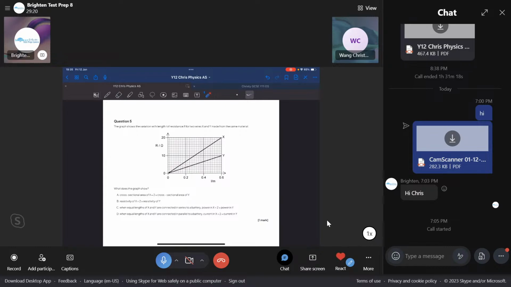So without going into the question per se, what can you tell from the graph, Chris? They have, well, the Y has less resistance for the same length. Yeah. Okay. Yep. Right. Half. So half in that context. So because they behave linear, right?